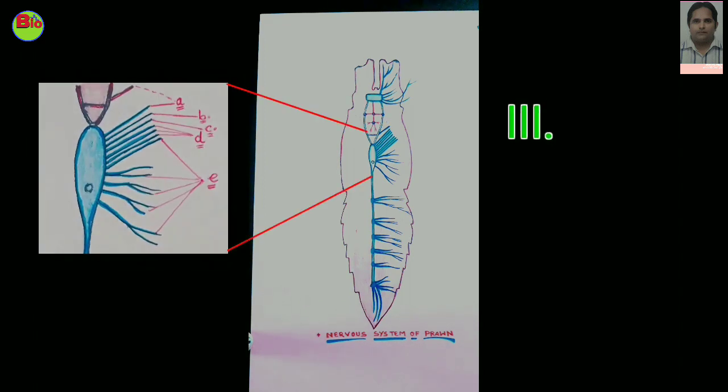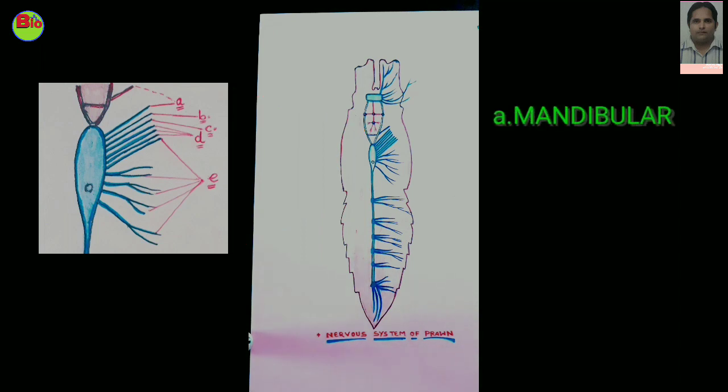Thirdly, 11 pairs of nerves originate from the cephalothoracic ganglionic mass, and these are a pair of mandibular nerves. One point to be noted is that a pair of mandibular nerves arise from the circumesophageal connective and a pair from the cephalothoracic ganglionic mass, so actually two pairs of mandibular nerves are there.